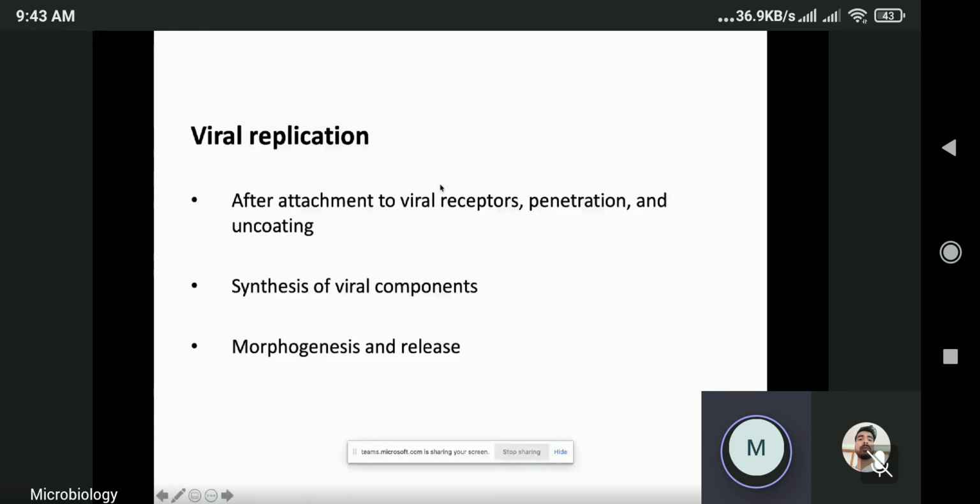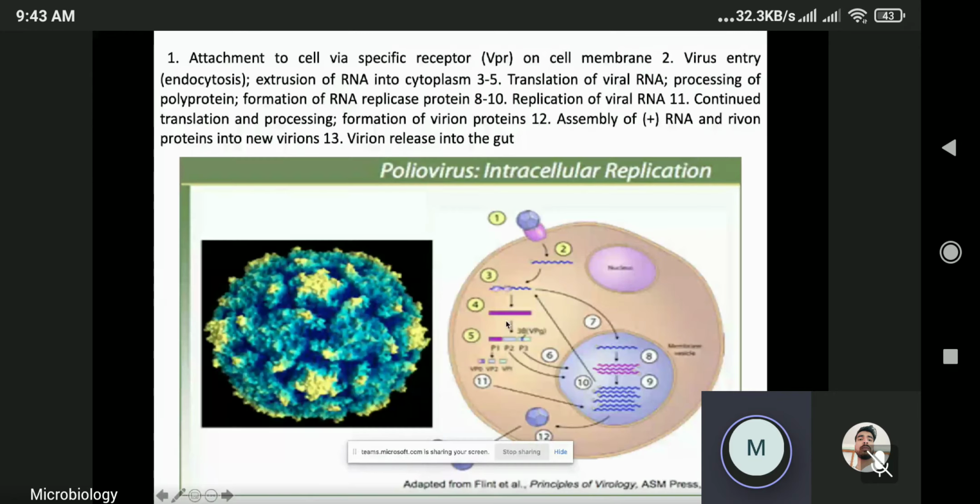Okay. See, this is the outline of how these viruses replicate. First, they interact with the receptors and enter inside, and then there will be replication. In the replication process, first there will be the formation of genome copies, as well as transcription and translation for the production of structural components.